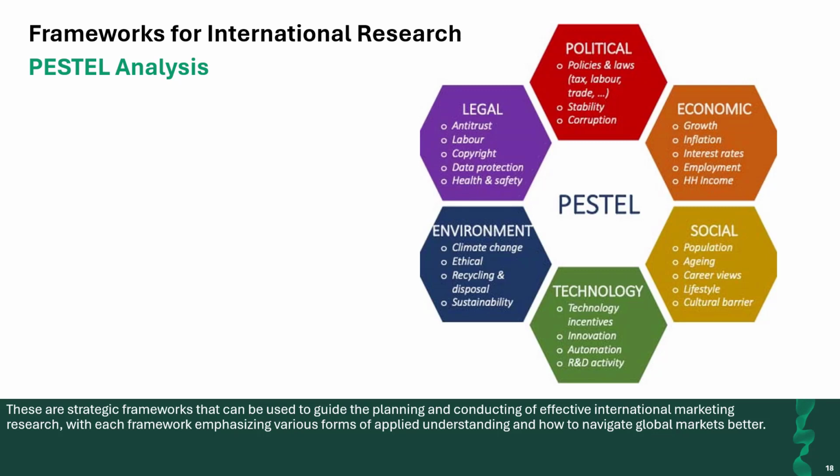Technological factors, the fourth one, look at how the technological landscape is evolving and its impact on marketing. This includes tech advancements, innovation rates, and the adoption of new technologies that can create opportunities or pose challenges for businesses. Environmental factors have become increasingly important due to the growing scarcity of raw materials and heightened awareness of environmental sustainability. This includes ecological, environmental aspects such as climate change, environmental regulations, and corporate social responsibility.